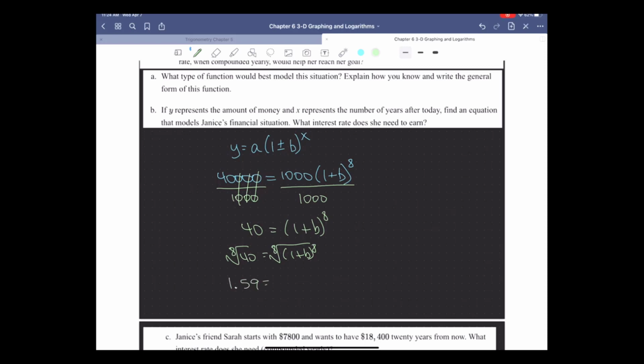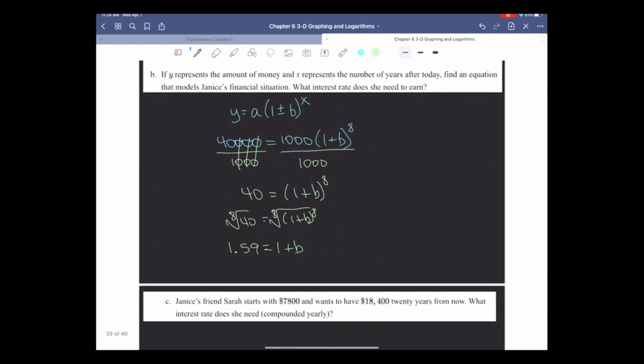And what happens when we take the 8th root of something raised to the 8th? They cancel, and you're just left with 1 plus B. And what are you going to do to get B all by itself? Subtract 1, and then we get B equals 0.59, right?